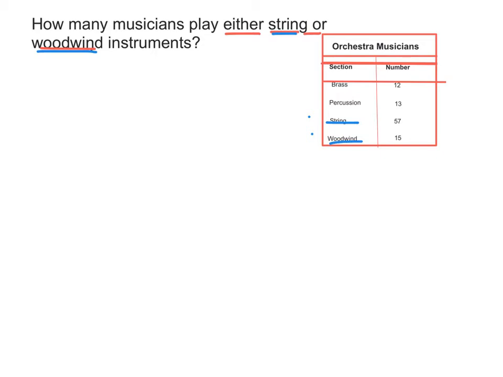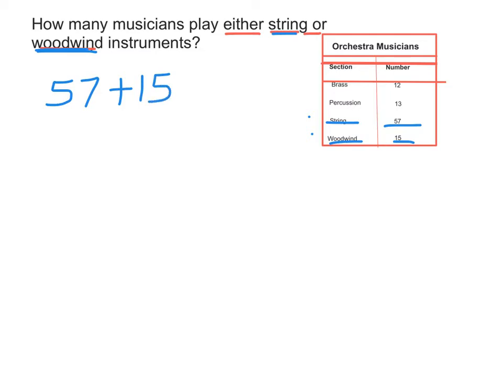So looking at the table, we can see that there are 57 string musicians. And looking at the table, we can see that there are 15 woodwind musicians.